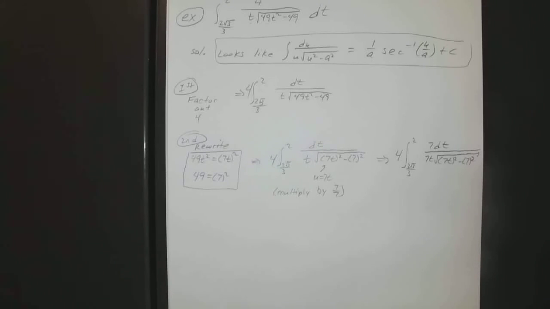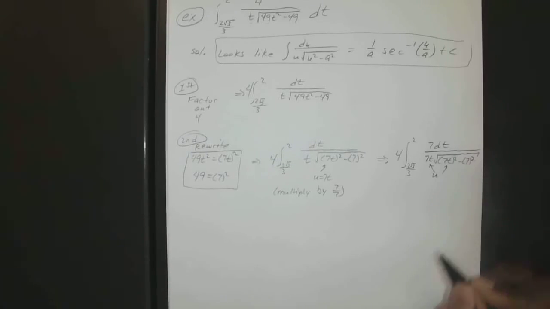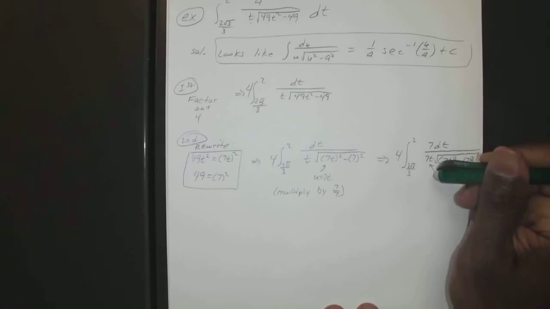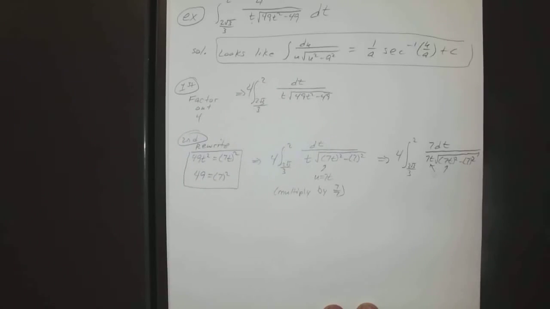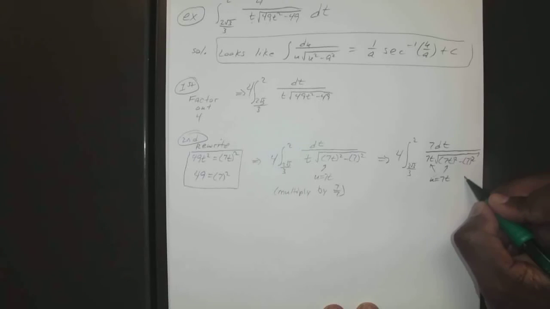So even if it's missing, we can still maneuver it to equal whatever we need it to equal. Now we have our u's equal. So we have u here and u there. So u is equal to 7t, and a is equal to 7.